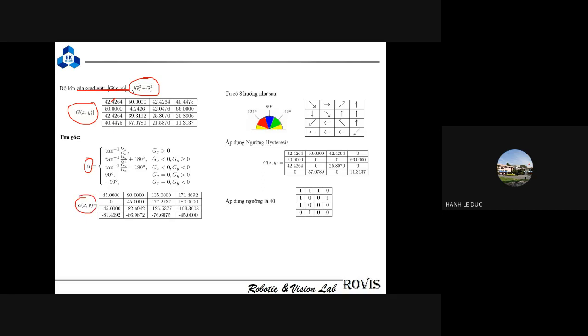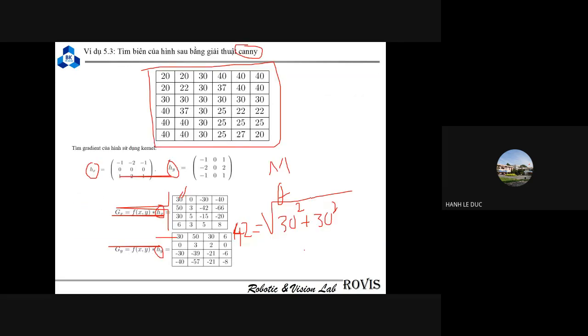And here it is the direction matrix. Here, why is it 45? Easy. Theta equals arctangent of this one and this one, right? 30 divided by 30, right? So is it 45 degrees?